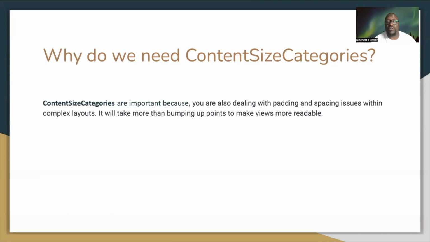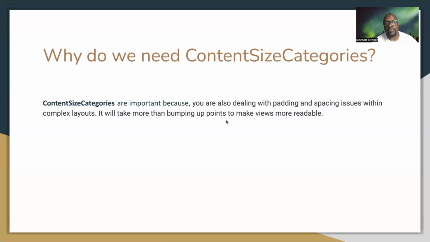They refer to dimensions that you use for padding, spacing, and complex layouts. When you use content size categories, it helps you put your layout all together. So they're important because you are dealing with padding and spacing issues within complex layouts. It will take more than bumping up points to make views more readable.